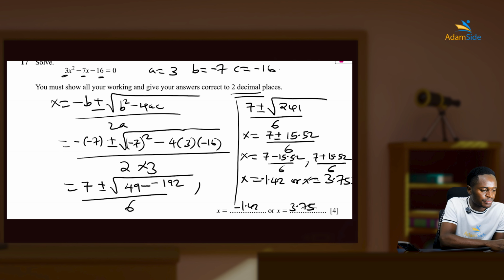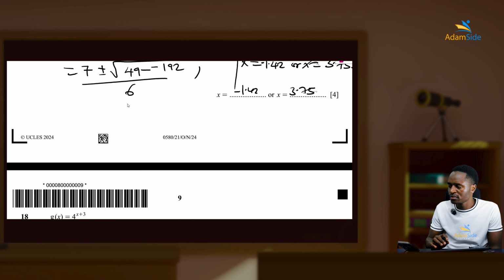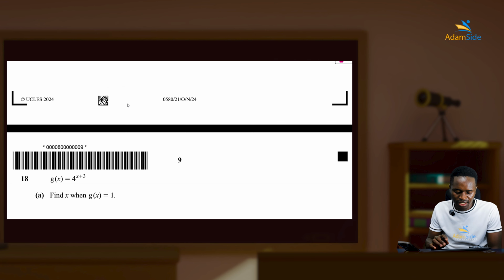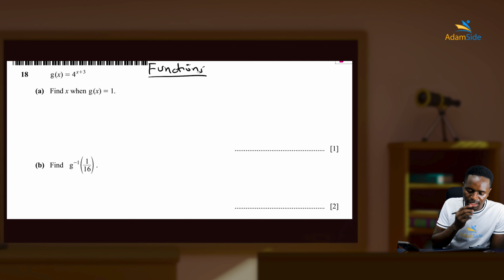That's the next question. Number 18a. Function g of x. So this one is functions. Very simple. Also, this is highly tested. They say g of x is equal to 4 to the power x plus 1, when g of x is equal to 1.